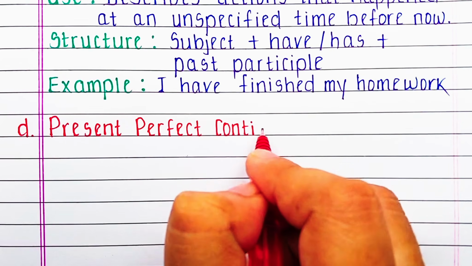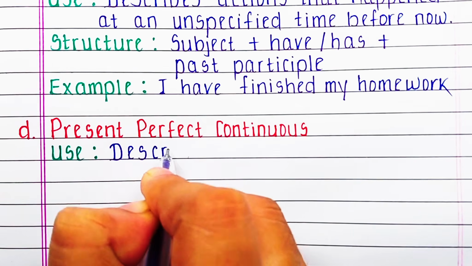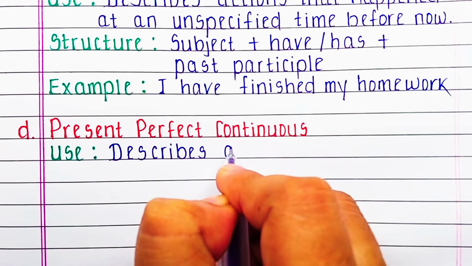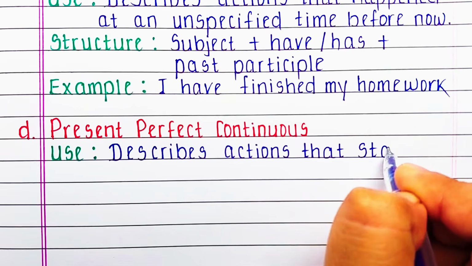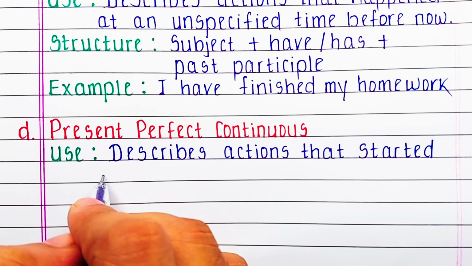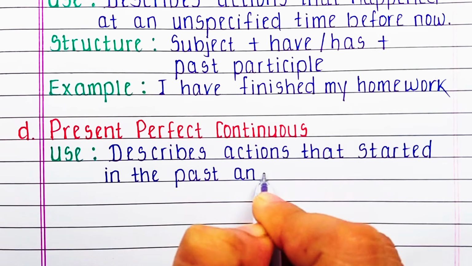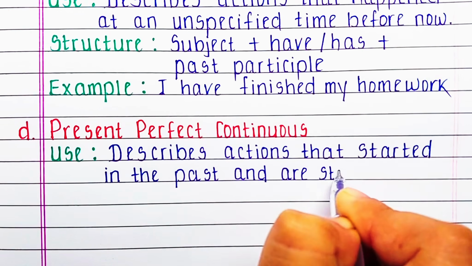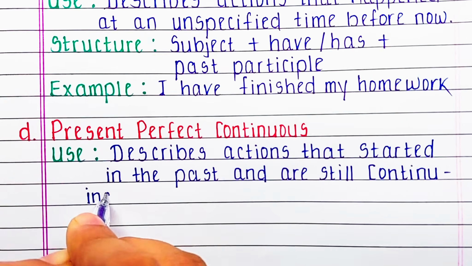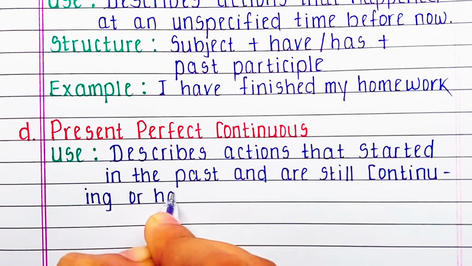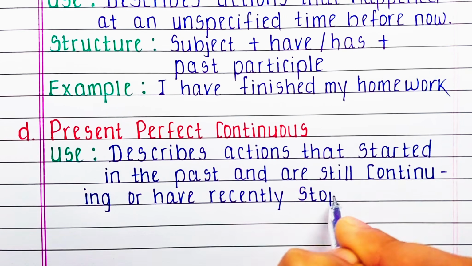Next is present perfect continuous. It is used to describe actions that started in the past and are still continuing or have recently stopped.